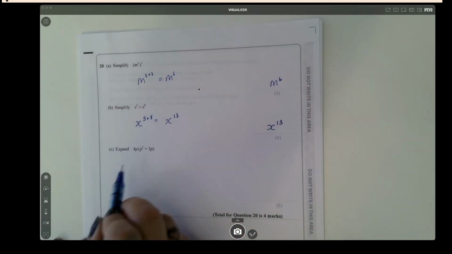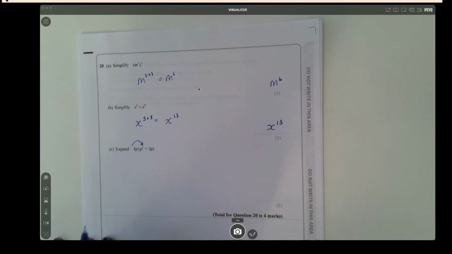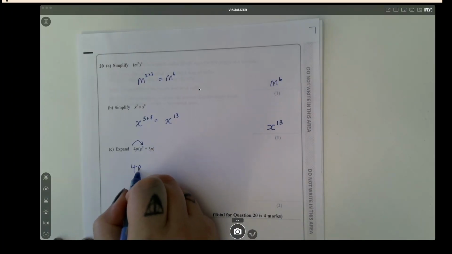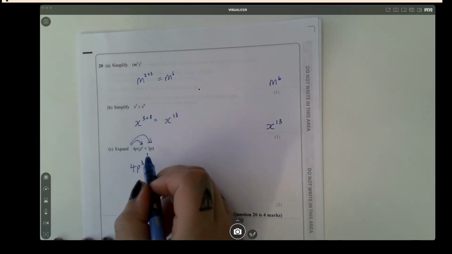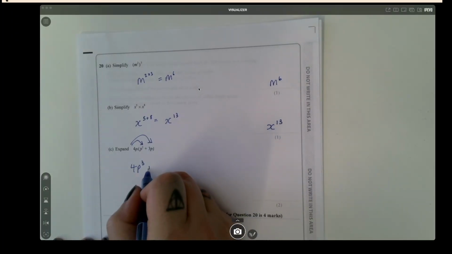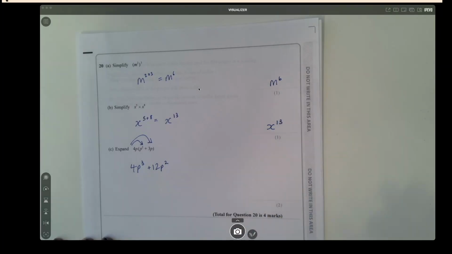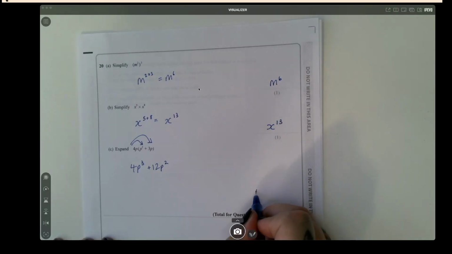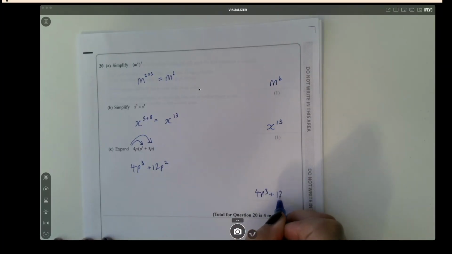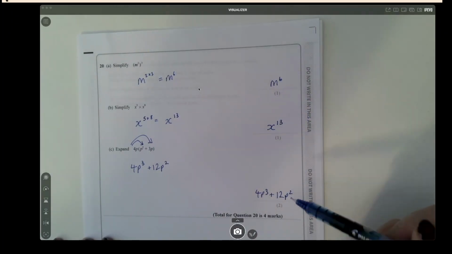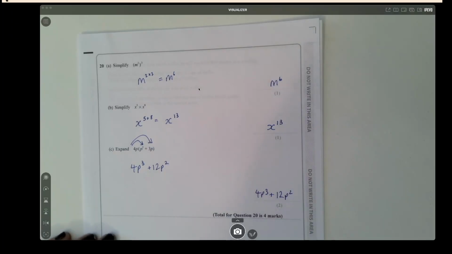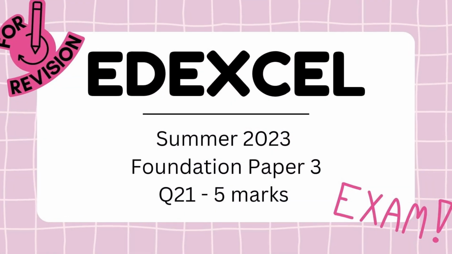Part C. Expand. 4p multiplied by p squared is 4p cubed. 4p multiplied by positive 3p is positive 12p squared. Really important with these powers to make sure they're smaller like that, guys, so that they're clearly read as powers.